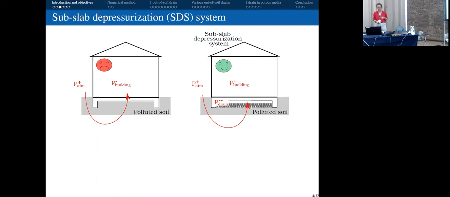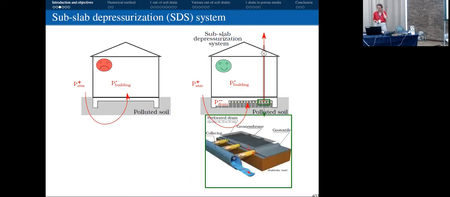It consists of a layer of gravel and the system itself, with a geomembrane, an impermeable layer. Below we have a geotextile, a porous media with various drains. The drains are in yellow; they are corrugated and perforated, and connected to a pipe, which is connected to a fan to suck all the air and reject it outside.